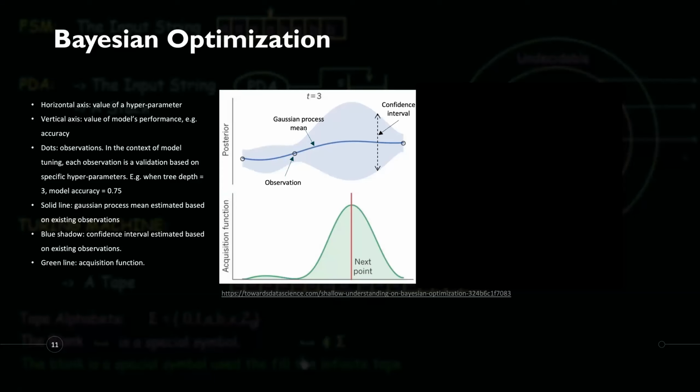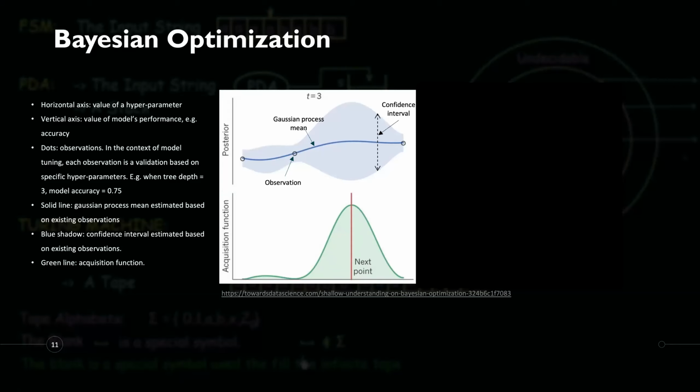And the vertical axis is the value of the model's performance, let's say accuracy. So we can train a model using different numbers of nodes for a decision tree, and we would end up with different accuracies, right? That's the vertical axis.